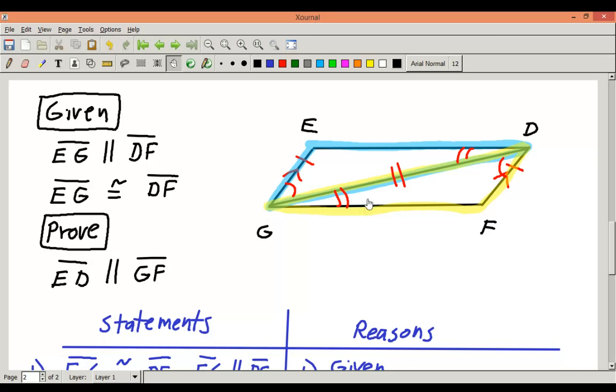If all those conditions are met, then those lines are parallel. So that tells us that now the top and bottom are parallel. So we were given the left and right sides are parallel. Then we proved those two triangles congruent. And now we can say the top and bottom are parallel. And so there's your statements.